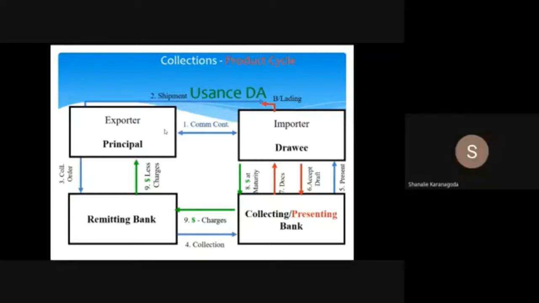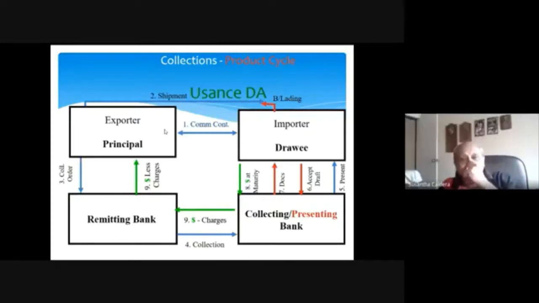Exporter. Exporter has given that facility to the importer. That is why we call it supplier credit. Supplier has given the credit, not the bank. Right? So this is one of the ways collection bills can be financed. Supplier credit. Supplier තමයි credit එක දෙන්නේ.